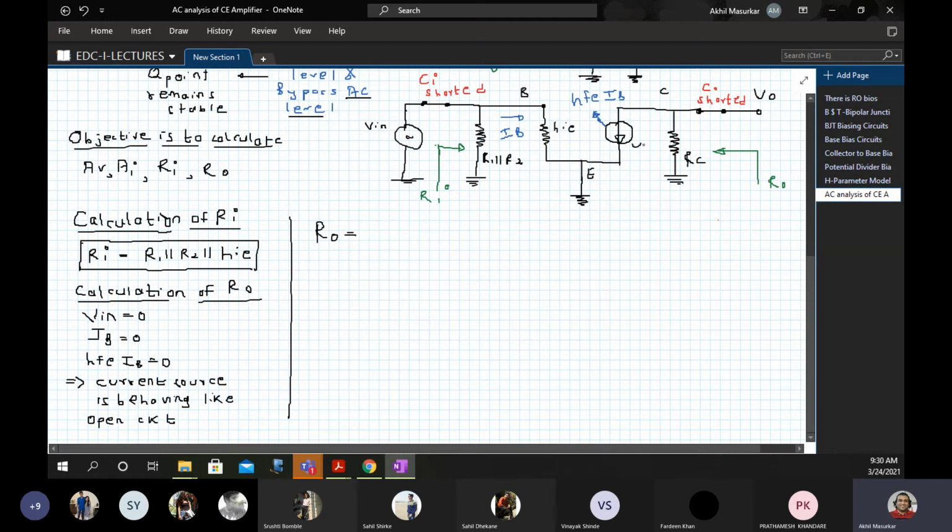RC is in parallel with an open circuit, so R0 will be simply equal to RC.